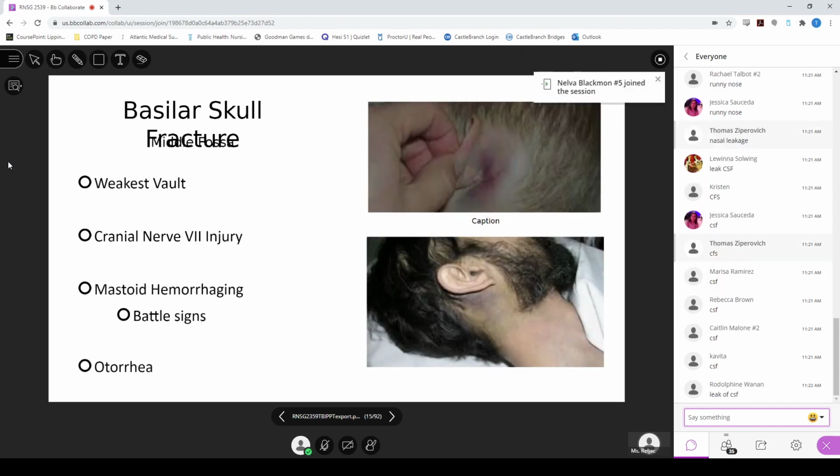This is the middle fossa. It's the weakest. It affects cranial nerve 7, which is eye movement. They have mastoid hemorrhaging and Battle sign. The picture of the bruising behind the ear, that's the Battle sign on both of these patients. I hope they're not too dark. I couldn't get them very much lighter.